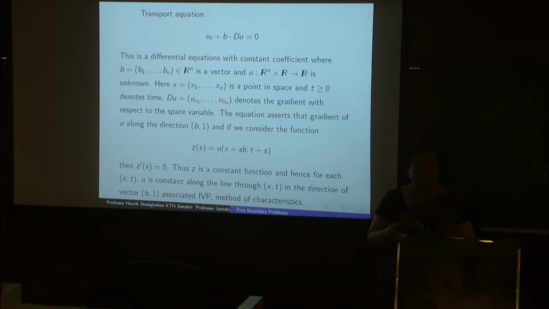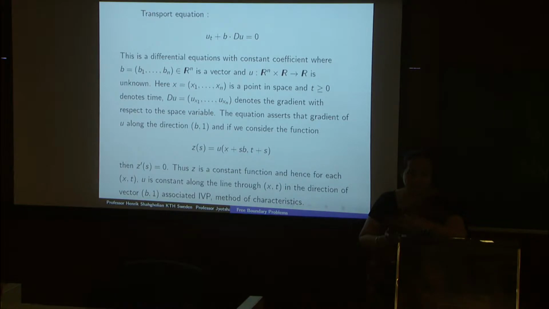The simplest differential equation is of first order. One can write it as ut plus b dot Du equal to 0, and one can try to solve this particular equation. As I said, in our differential equation class in MSc, you have already seen this, and one of the ways to do it is to solve it using the ODE method.